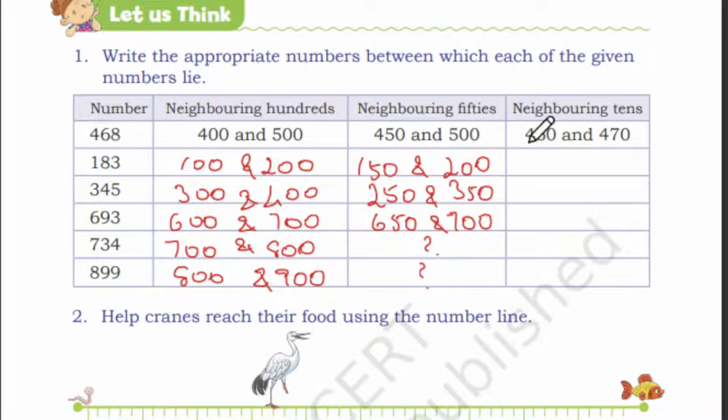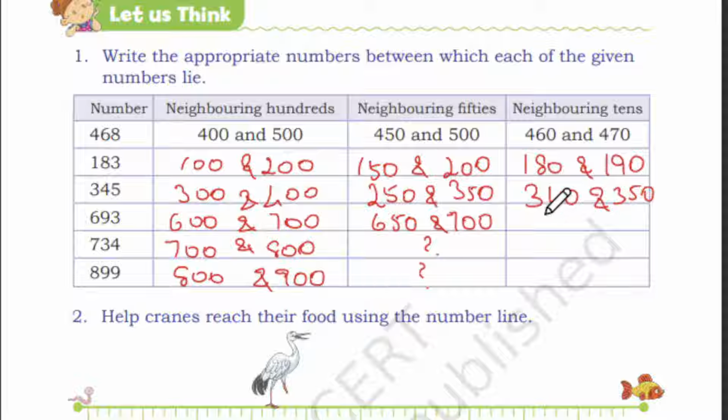So next it's neighboring tens. How do you find neighboring tens? It's 180. So it comes between 180 and 190. The next one is from 340 to 350.